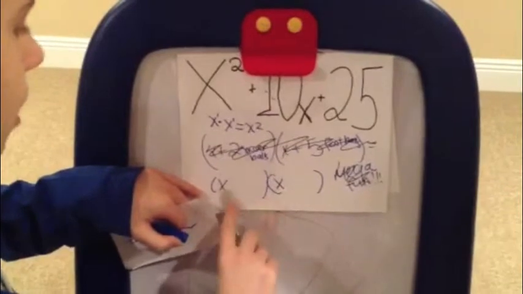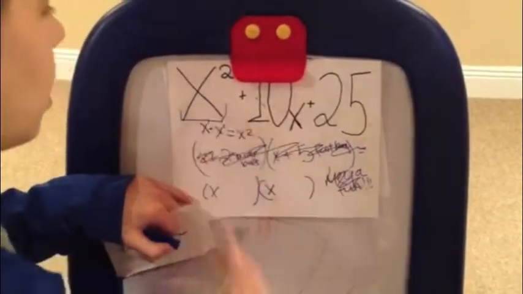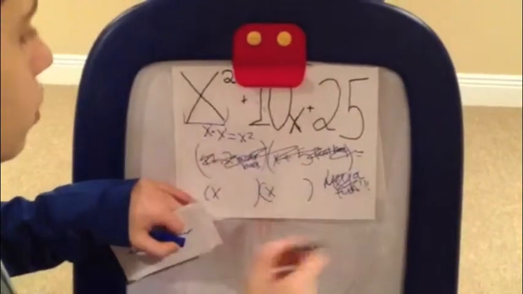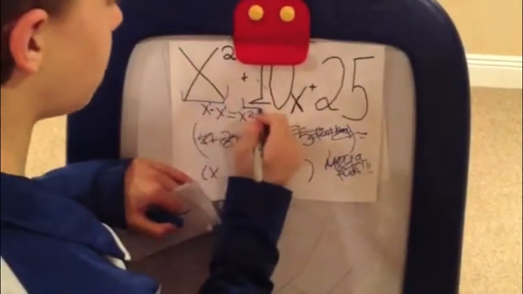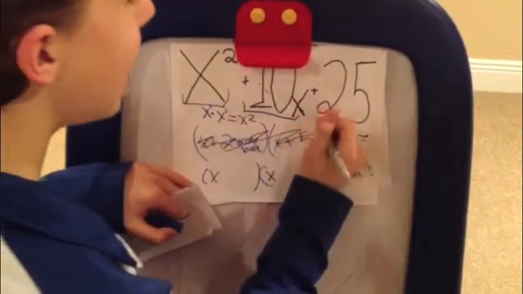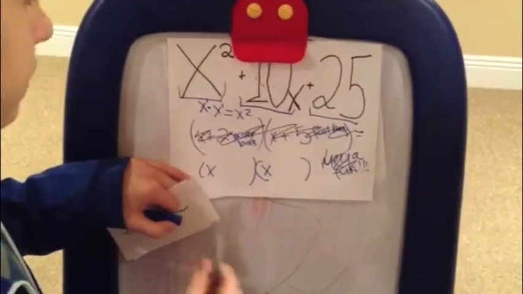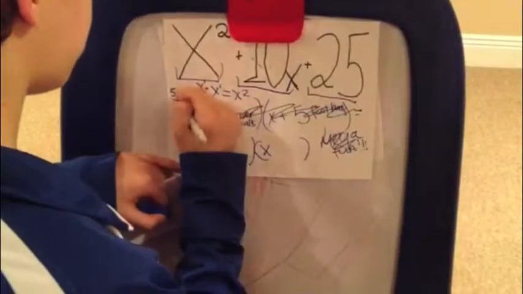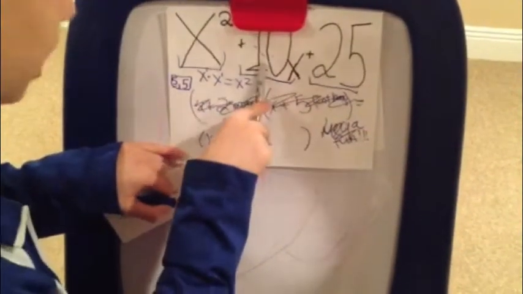Because when you FOIL, multiply, that'll end up to be x squared. Then you get positive 10x plus 25. Like I said before, you need to see what two numbers will add to positive 10 and multiply to positive 25. So, to do your math, you get positive 5, positive 5. Let's recap. 5 plus 5 is positive 10, and 5 times 5 is positive 25.